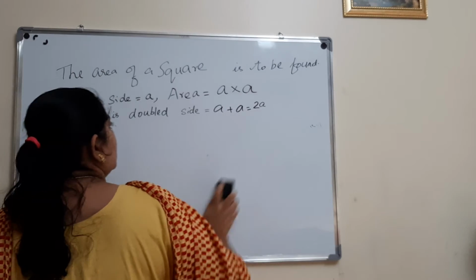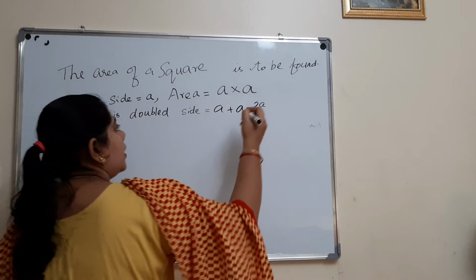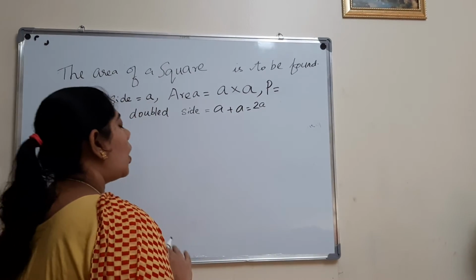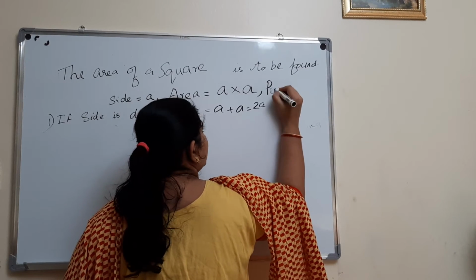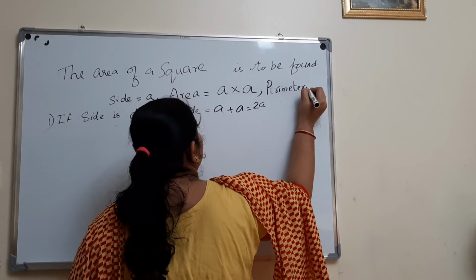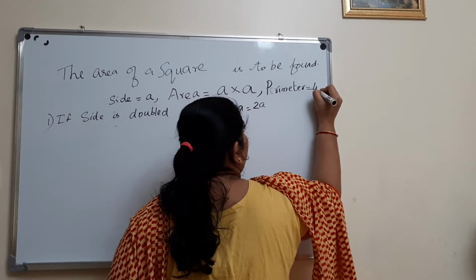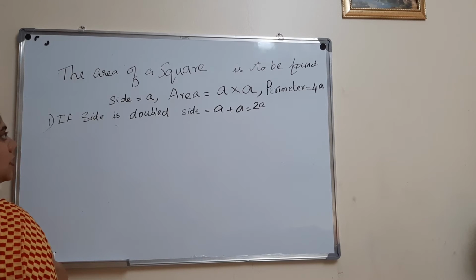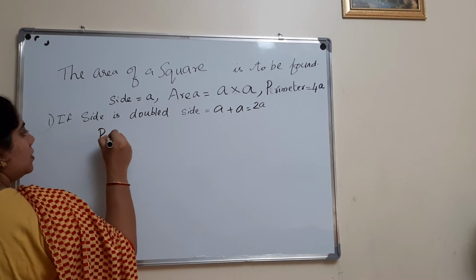What is the perimeter formula? Perimeter of a square is equal to, perimeter means always adding all sides. So square has how many sides? 4 sides. So A plus A plus A plus A, that is 4A. That is 4 into side. This is the perimeter.